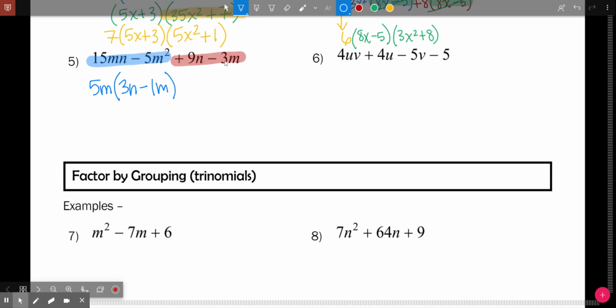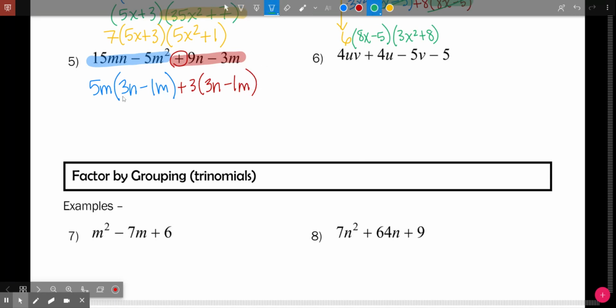Between 9 and negative 3, we have a 3 in common, and I always use the sign in the middle. So 9 divided by 3 is 3, and there's nothing to divide the n. Negative 3 divided by 3 is negative 1, and there's nothing to divide the m.